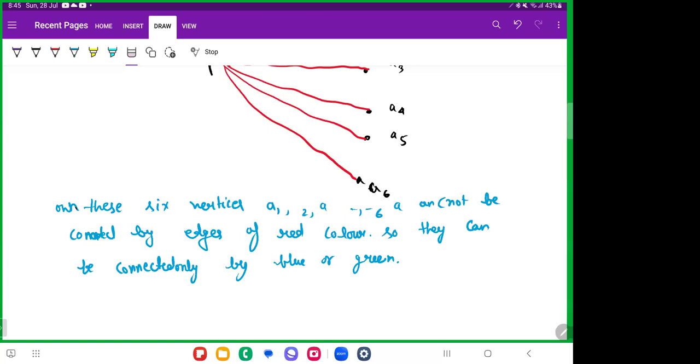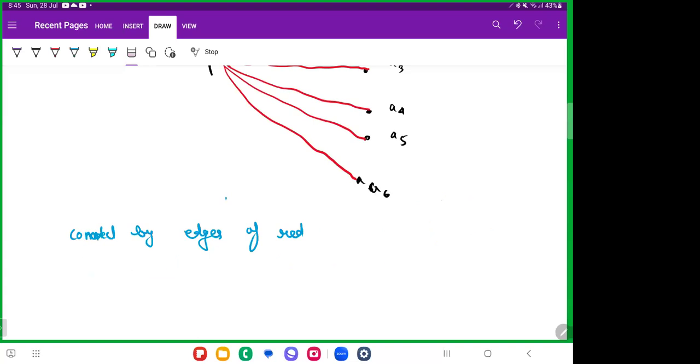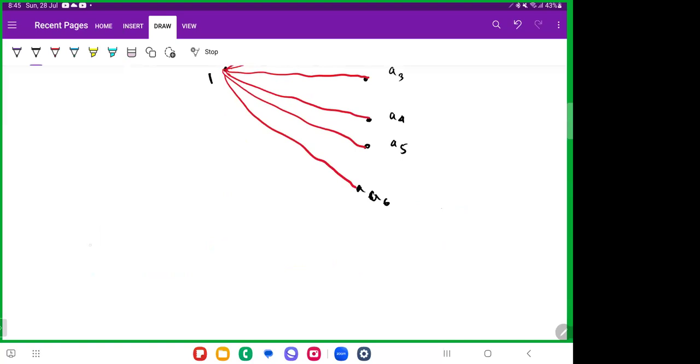Yes. So let me erase this. Okay, so now AI and AJ cannot be connected by red color.